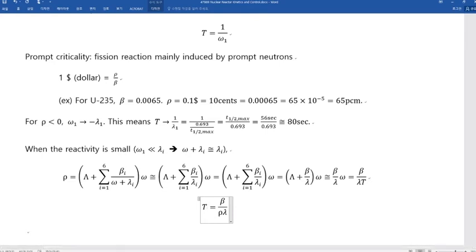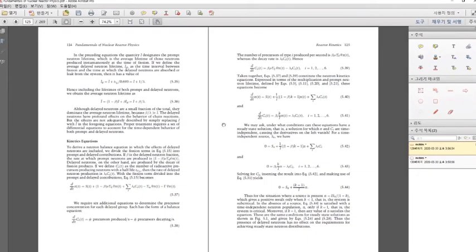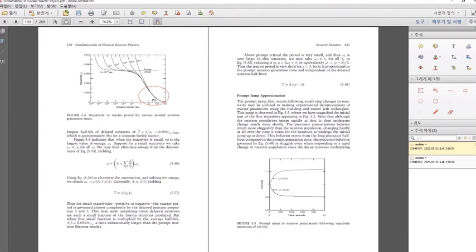So if we go back to figure 5.4, when reactivity is very small, first the effect of prompt generation time disappears, and this curve almost follows the relation where the reactor period is inversely proportional to reactivity. So that is the relation given by 5.57.